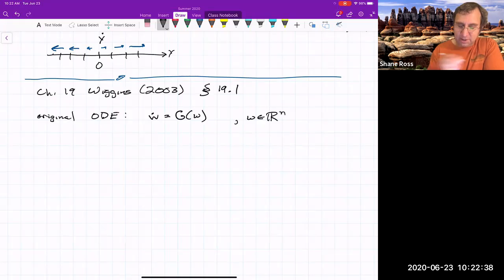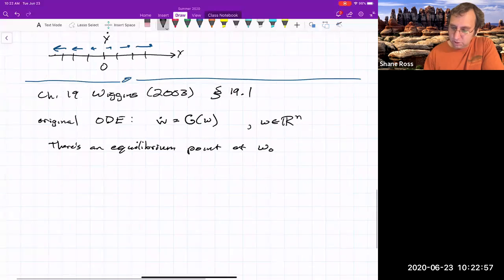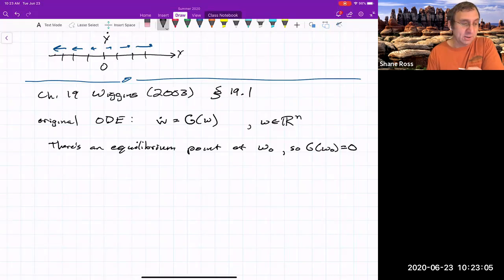We're assuming it's n-dimensional, autonomous, and that there's an equilibrium point, not at the origin, but somewhere. There's an equilibrium point at W naught. So what does that mean? That means G of W naught, the vector field vanishes there. So we'll be able to do a Taylor series expansion about it.